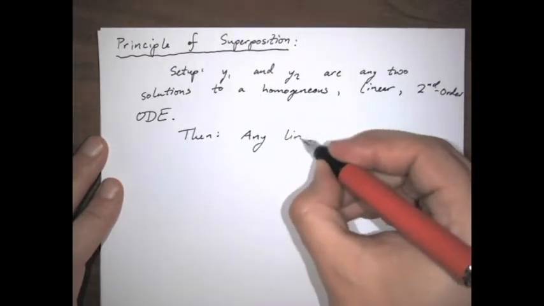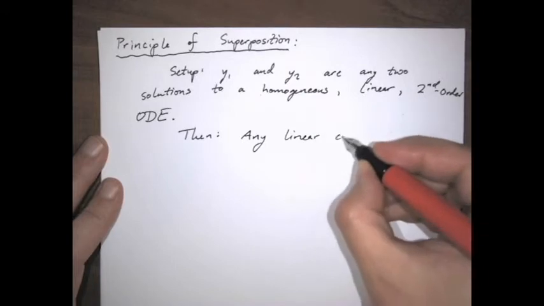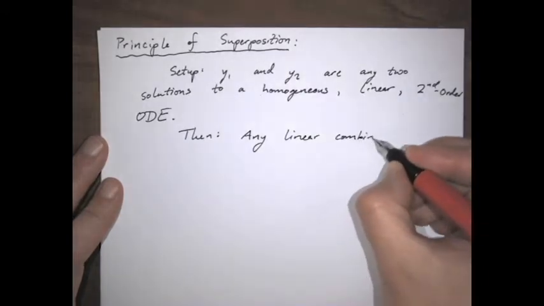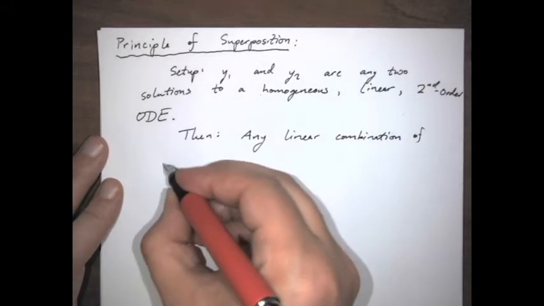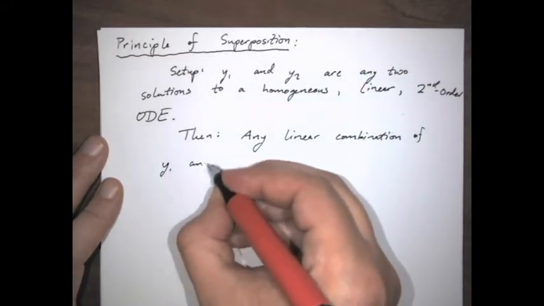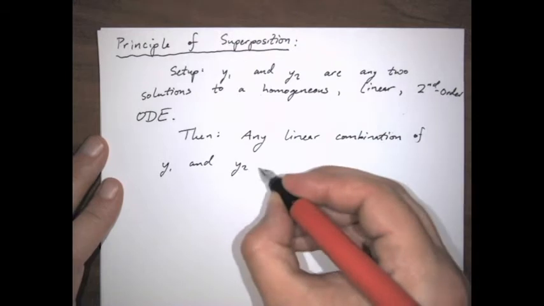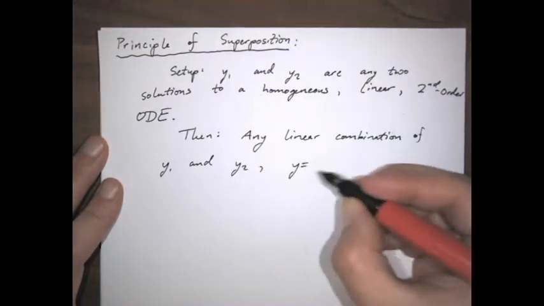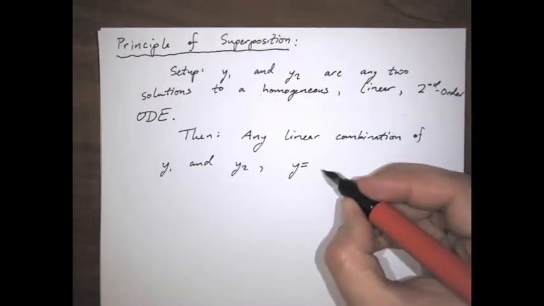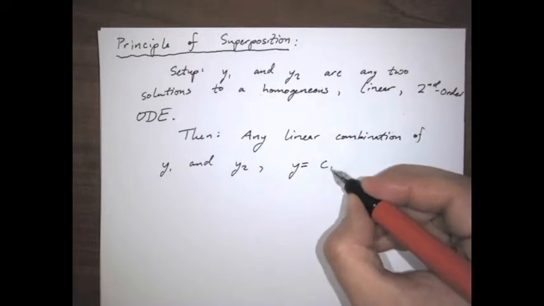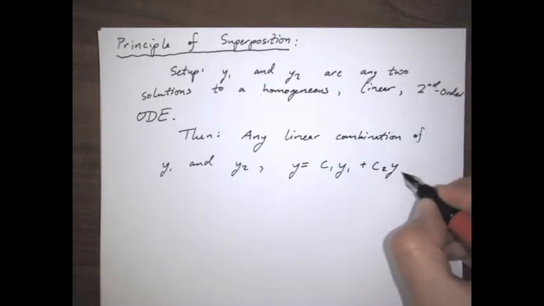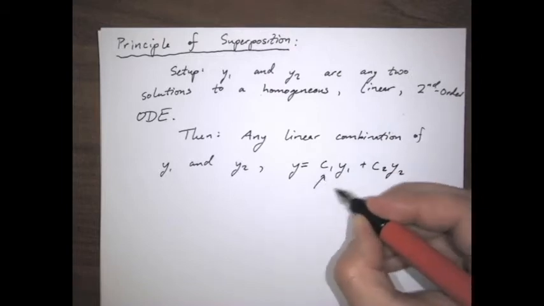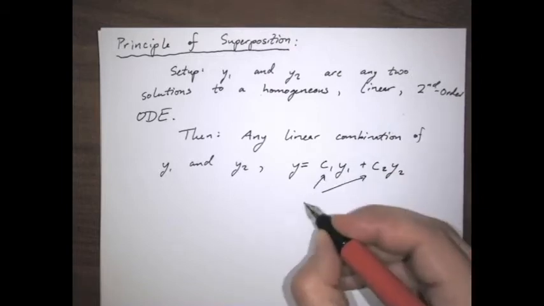So if we have that, then any linear combination of y1 and y2, and to make it concrete, what I mean is you have any y which equals c1 times y1 plus c2 times y2, where the c1 and c2 are constants.